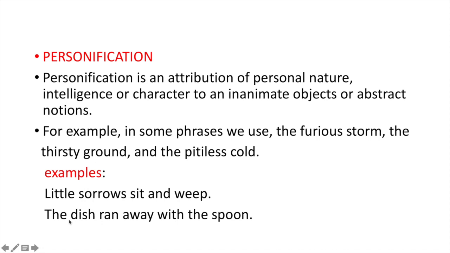Now see, both the dish and the spoon are non-living things. But here the running quality of humans is attributed to them. That is why it is said that the dish ran away with the spoon.